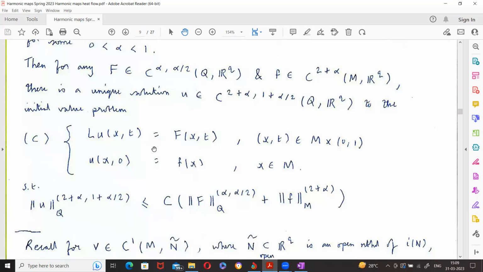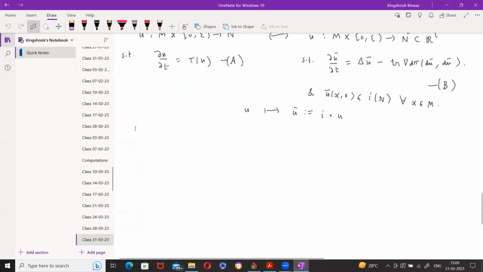Okay. So this is going to be the main tool that we're going to use now. So let me explain how we're going to use this to prove the short-term existence for the heat flow.